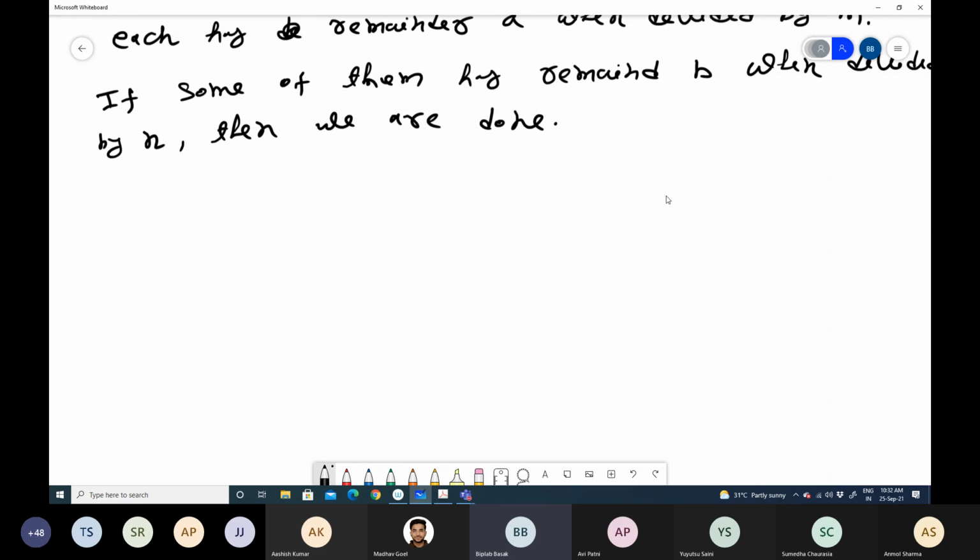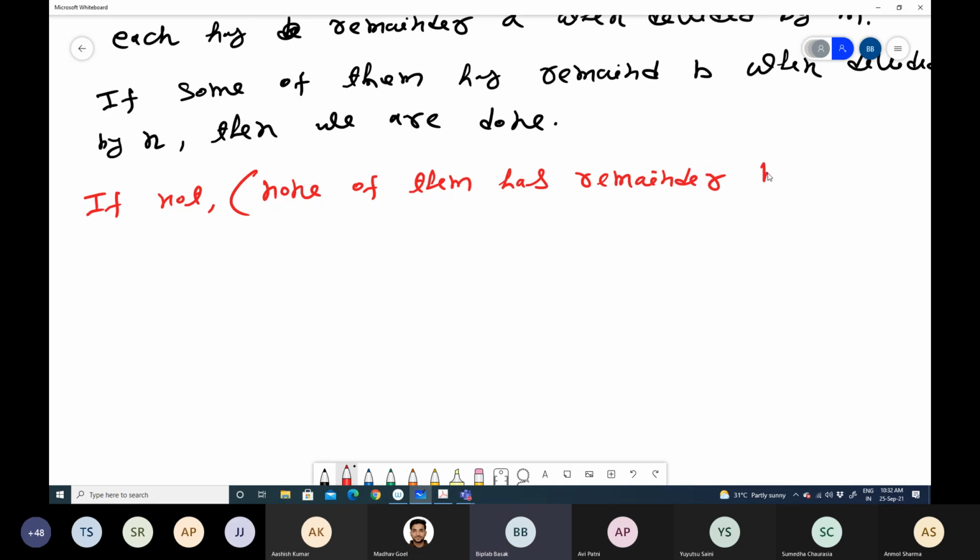Now, if not, that means none of them has remainder b when divided by n.